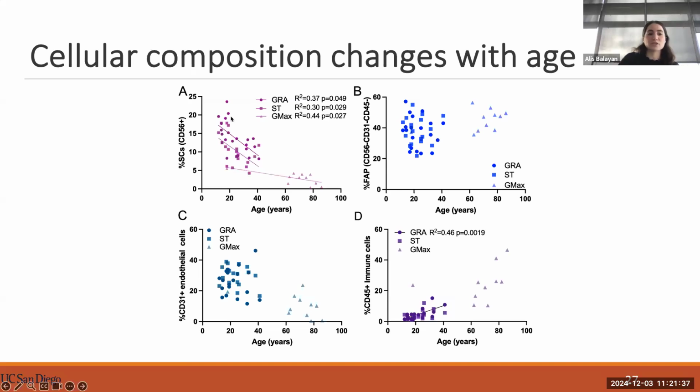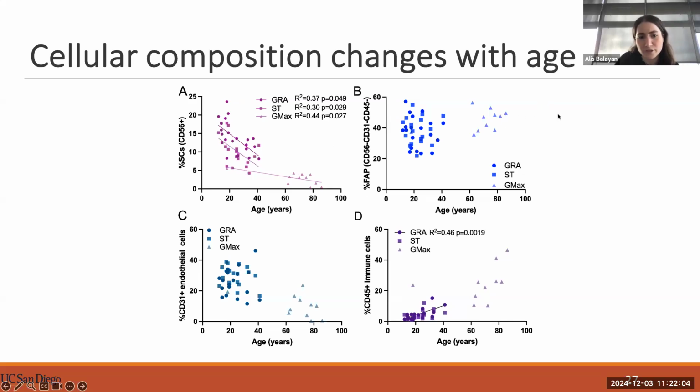One of the most interesting results in my data was that across all 3 different muscle groups, we were seeing a drastic decline in the pool of satellite cells, which I was able to quantify using flow cytometry. For fibroadipogenic progenitors, there was a tendency of a slight increase in the pool.